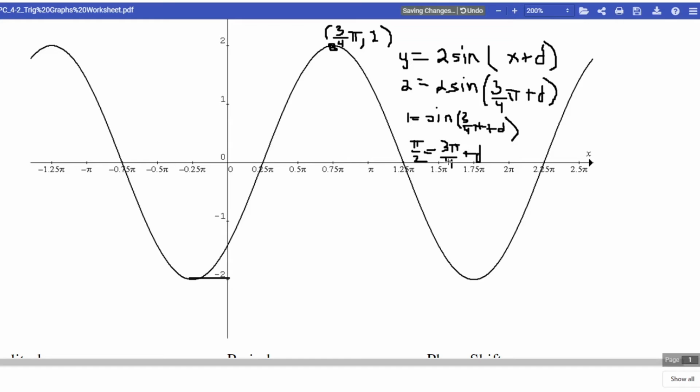We can subtract 3 pi over 4 from both sides, and that's going to give us -1/4 pi, or negative pi over 4, equals d. So that tells us our phase shift here, and we can erase plus d, and put -1/4 pi.